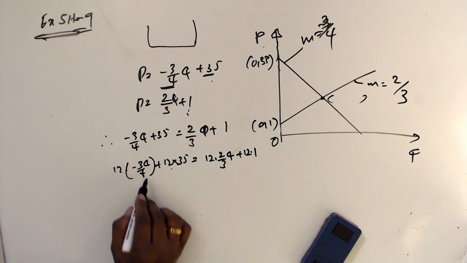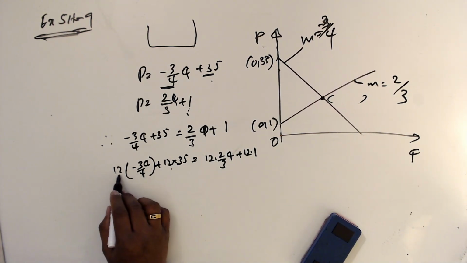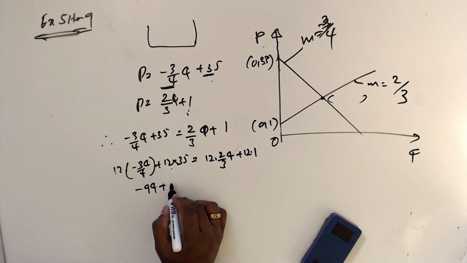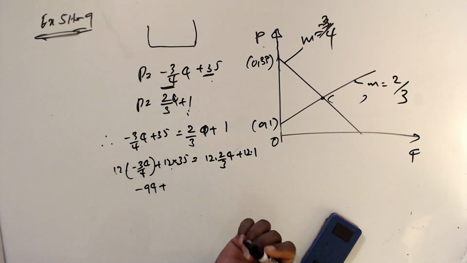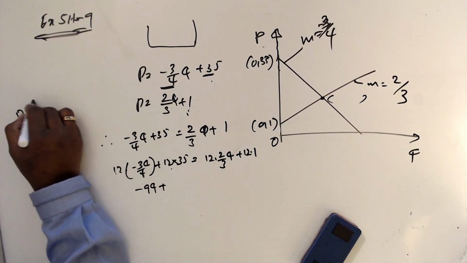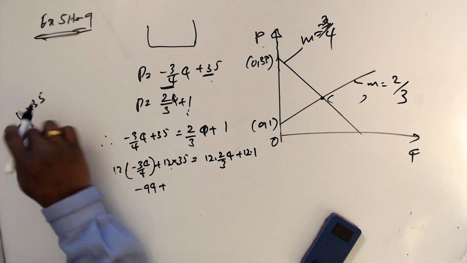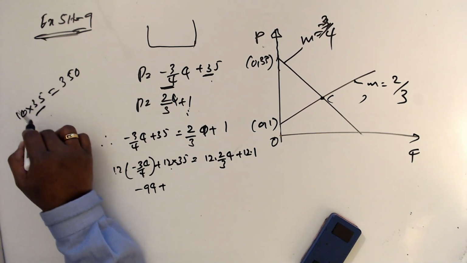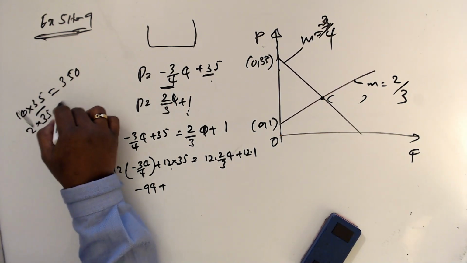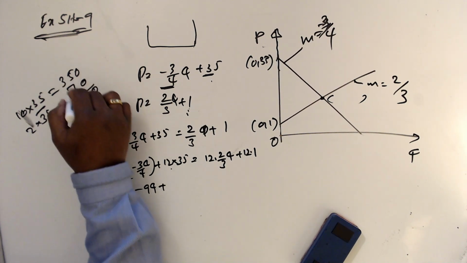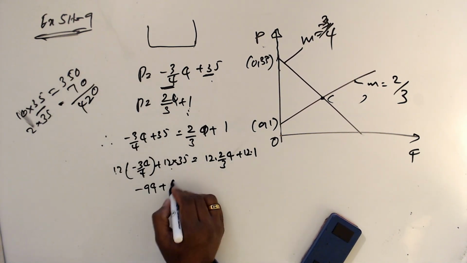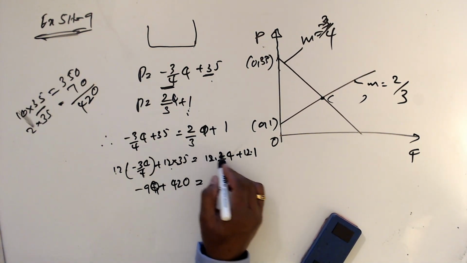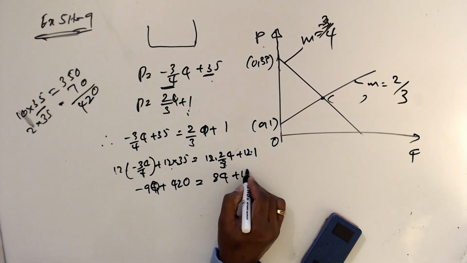This cancels out and this gives minus 9q plus 12 times 35. What is 12 times 35? 10 times 35 is 350, then 2 times 35 is 70, so 420. On the right, 4 times 2 is 8q, equals 12.